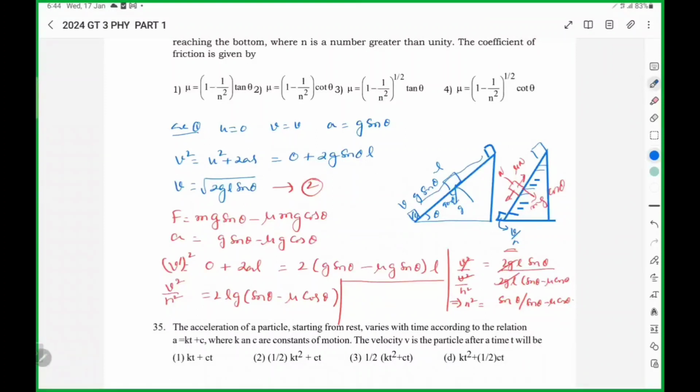The answer is given in terms of tan. Divide with cos, both numerator sin by cos, 1 minus tan theta minus mu.